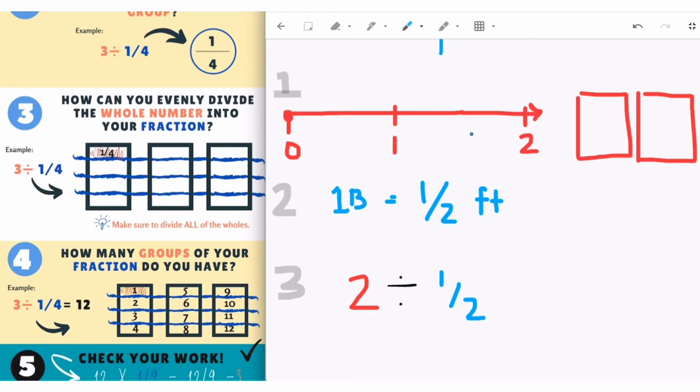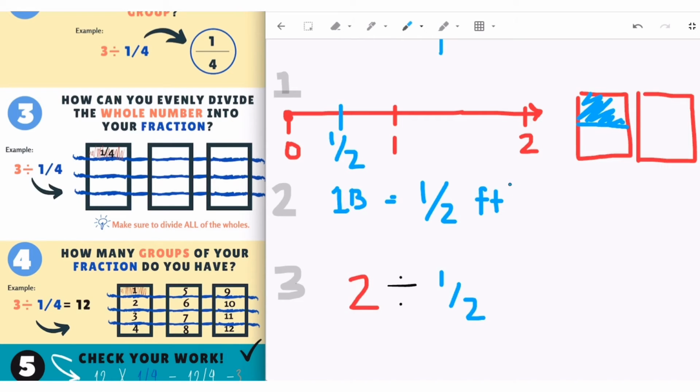Here on my number line, where would 1/2 be? Think to yourself. If I was looking at my rectangles, what would 1/2 look like? So if I am between 0 and 1, 1/2 would be right here. If I was over here, 1/2 would just be half of this rectangle.